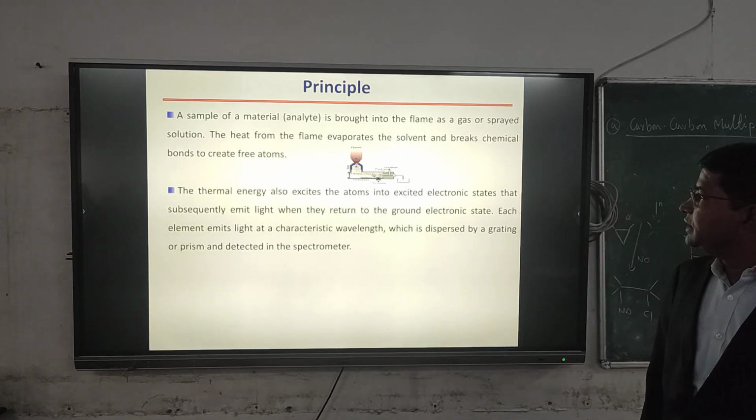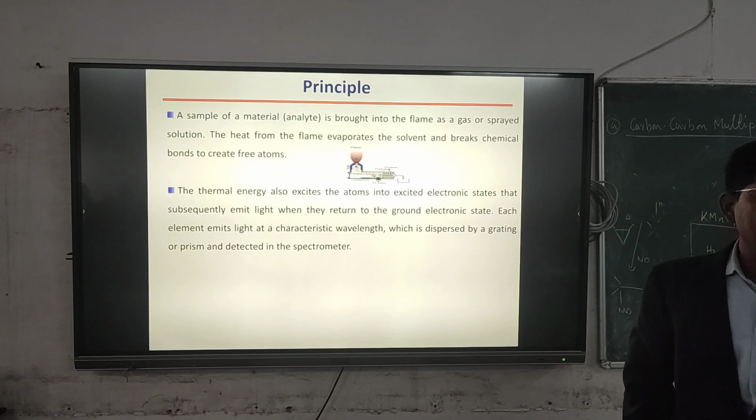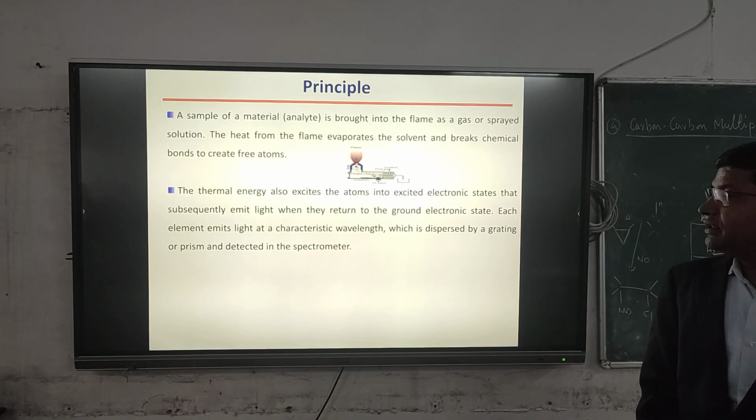The thermal energy also excites the atoms into an excited electronic state that subsequently emit light when returning to the ground state. Each element present in the sample will produce a specific wavelength of light.